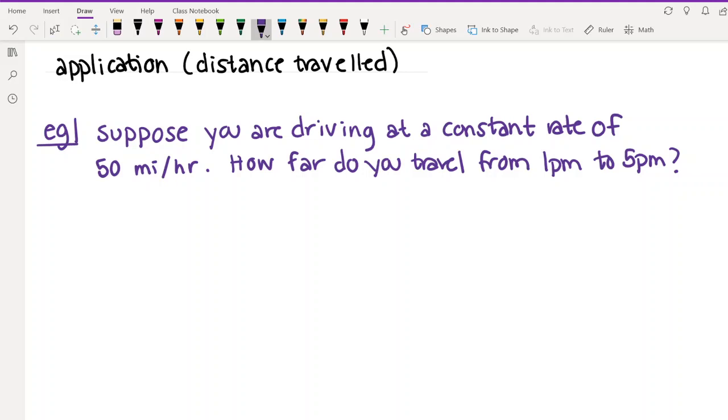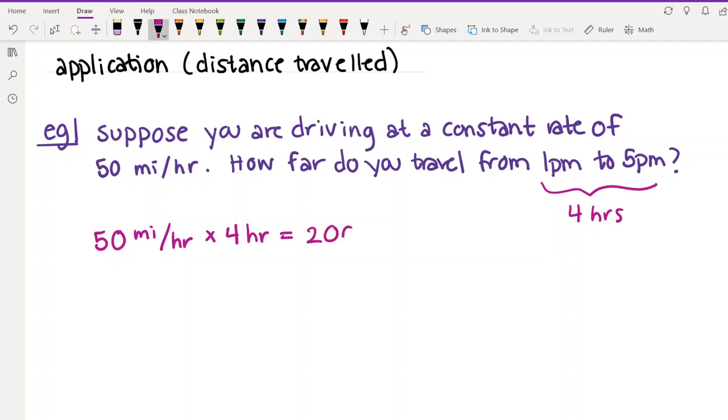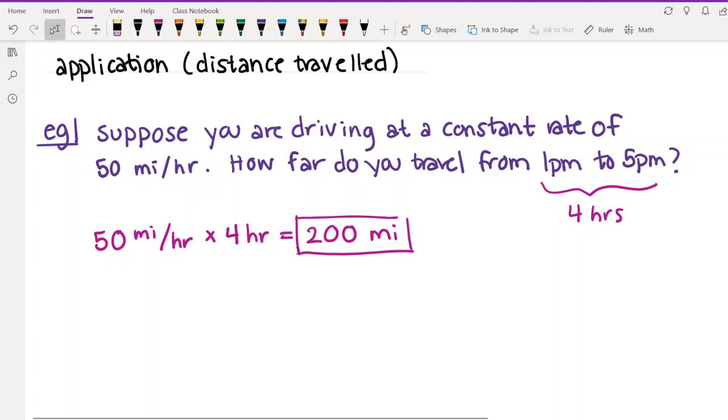From 1 p.m. to 5 p.m., that would be a time of 4 hours. And so you would just say 50 miles per hour times 4 hours is equal to 200 miles. So that would be your answer. This is a question that you can answer without using any calculus, without really using any algebra or anything fancy. But it is actually connected to the stuff we've been talking about in this video.